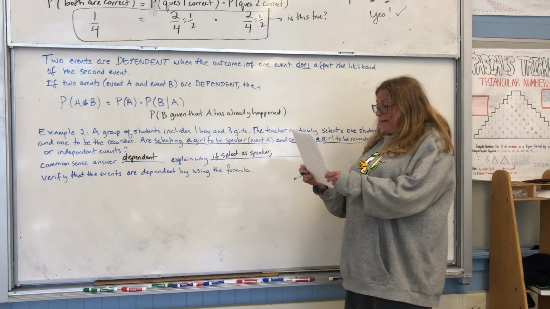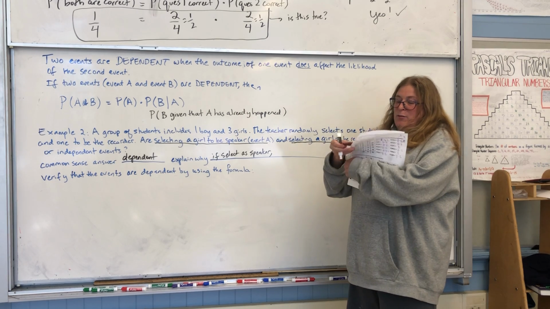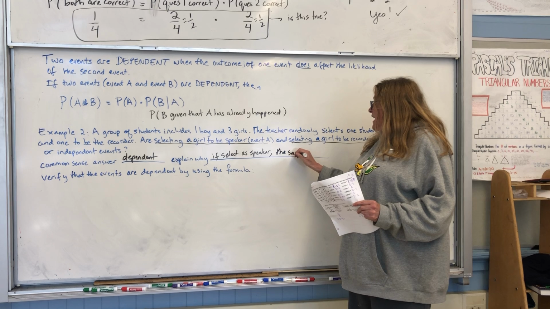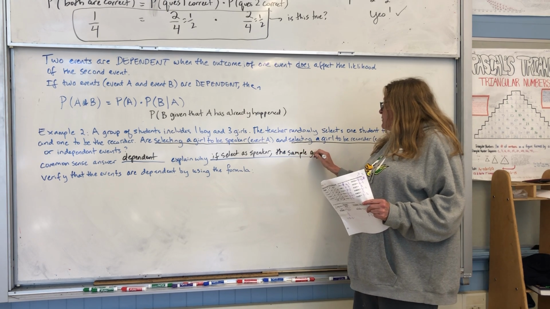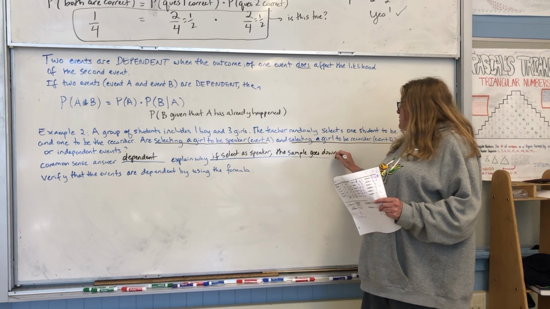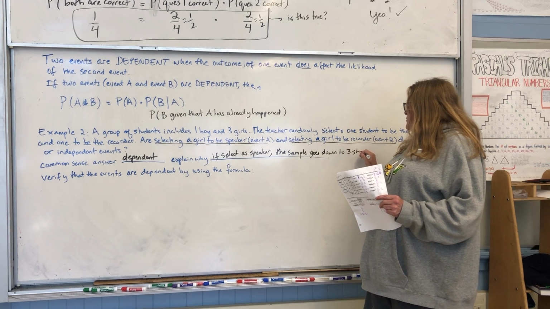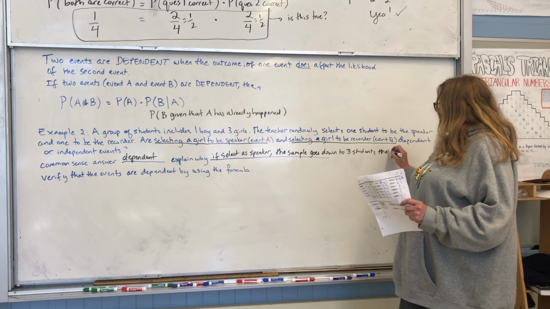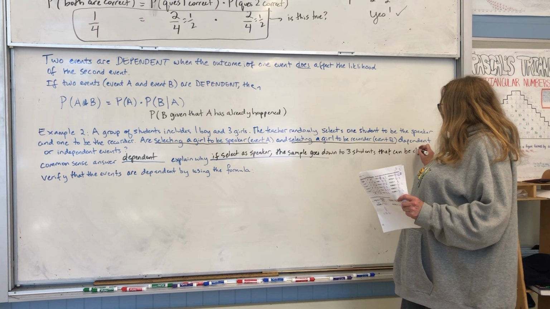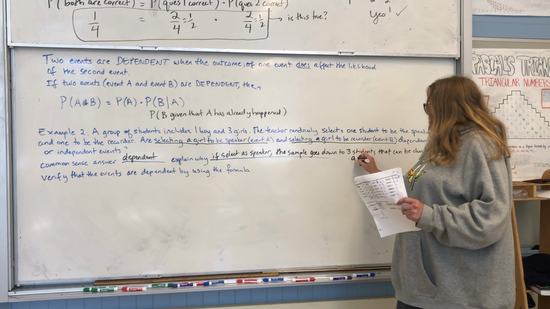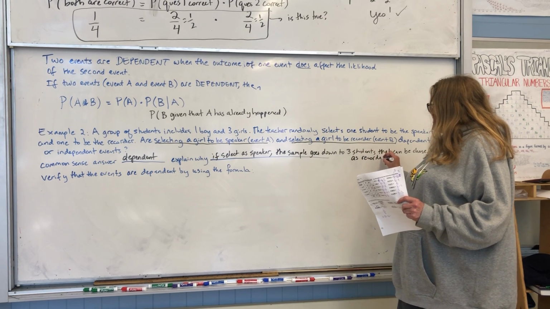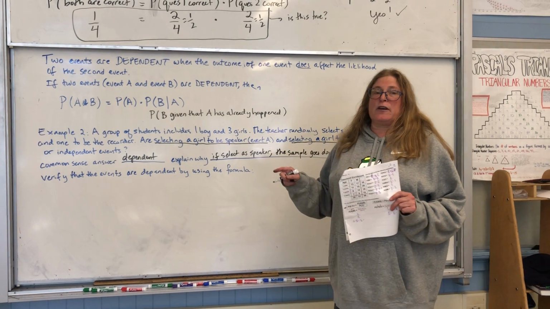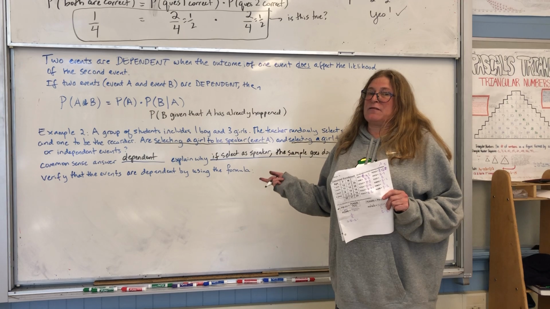So now the sample space goes down to 3 students that can possibly be chosen as recorder. Right, so we can tell here that it is going to affect, if I pick a girl first, now there's only 1 boy and 2 girls left to be recorder.